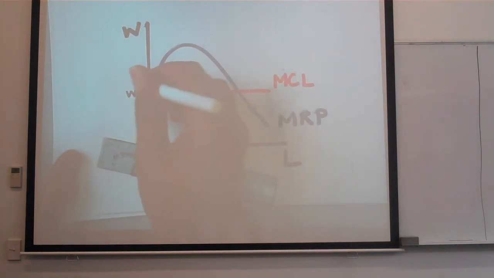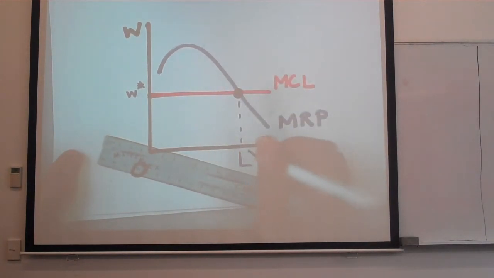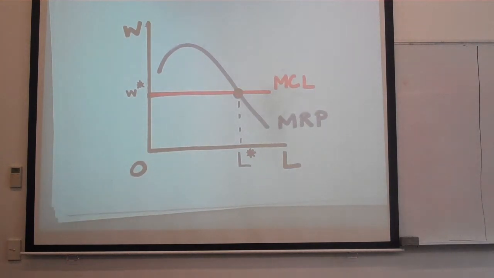This is the market wage, W star. The firm hires labor until MRP and MCL are equal. How did we arrive at that?